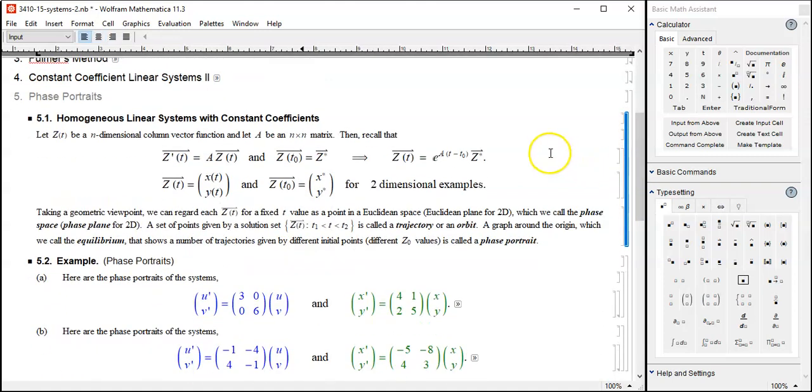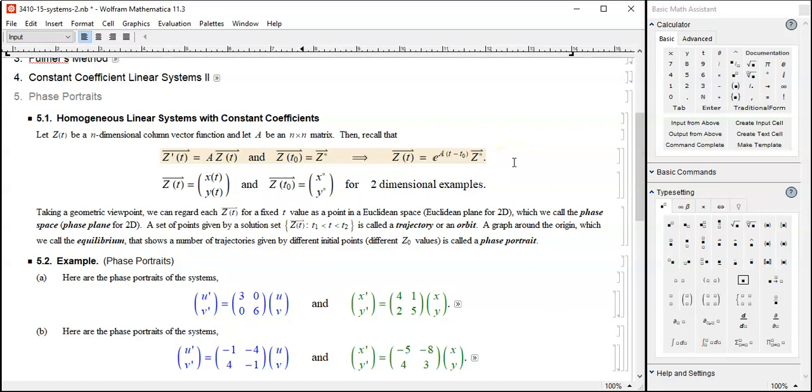Okay, here's the definition, and let's start from a homogeneous system of first-order linear ODEs like this. Here's the system of ODEs, and we have an initial condition, and based upon these, you're going to get this formula. That's the solution formula.